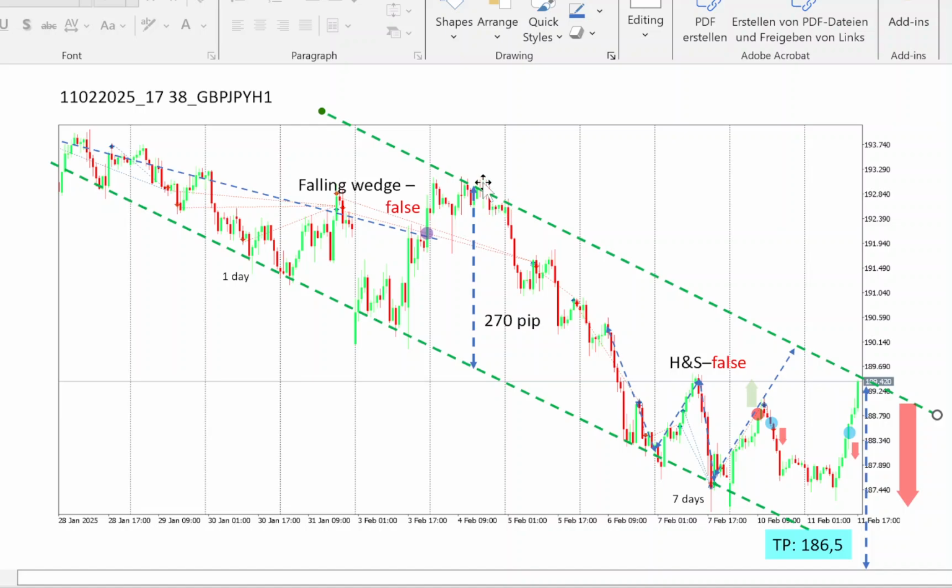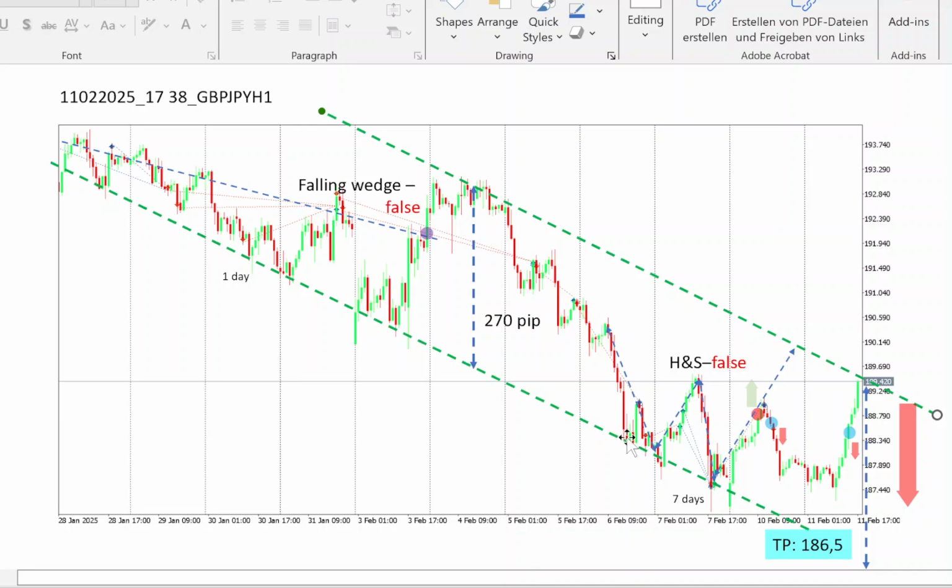Based on this high, I could now calculate the width of the channel, which is right now about 270 pips. You saw here between the 4th of February and 6th of February, the price was going constantly down.